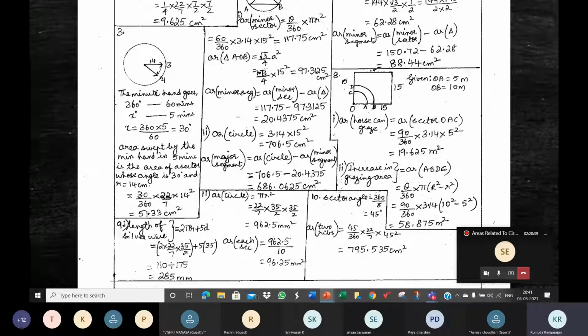An umbrella has 8 ribs, which are equally spaced. What do you mean by 8 ribs? Those metal stuff, the ribs.